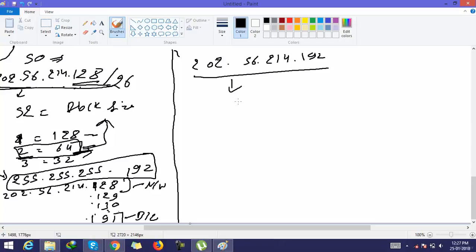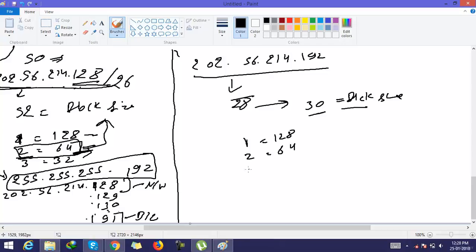We need to add 28 PCs. It means we need at least 30 as a block size. If we borrow 1 bit, then the block size becomes 128. If we borrow 2 bits, then it becomes 64. If we borrow 3 bits, then the block size is 32. That is optimal for this condition. So we need to borrow 3 bits.